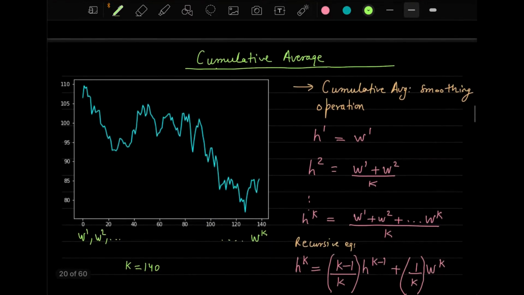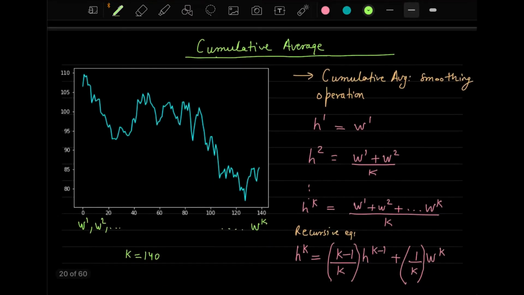So let us say you have this image on the left side. Here we have the stock exchange trend with respect to X. This is your X and this is the stock exchange price, and it is gradually fluctuating. You know that stock exchange is very stochastic, and it fluctuates in a very random way.